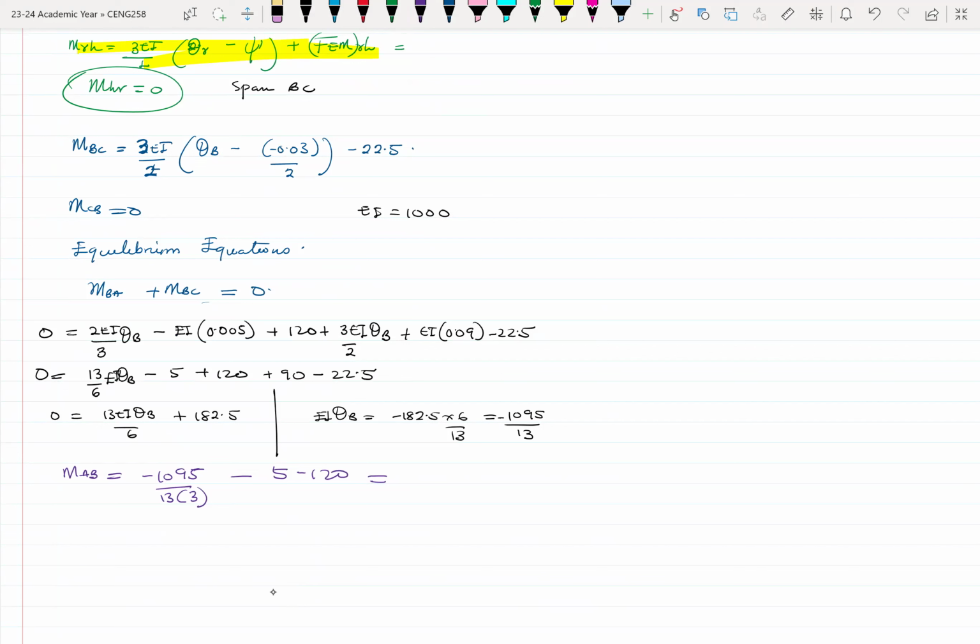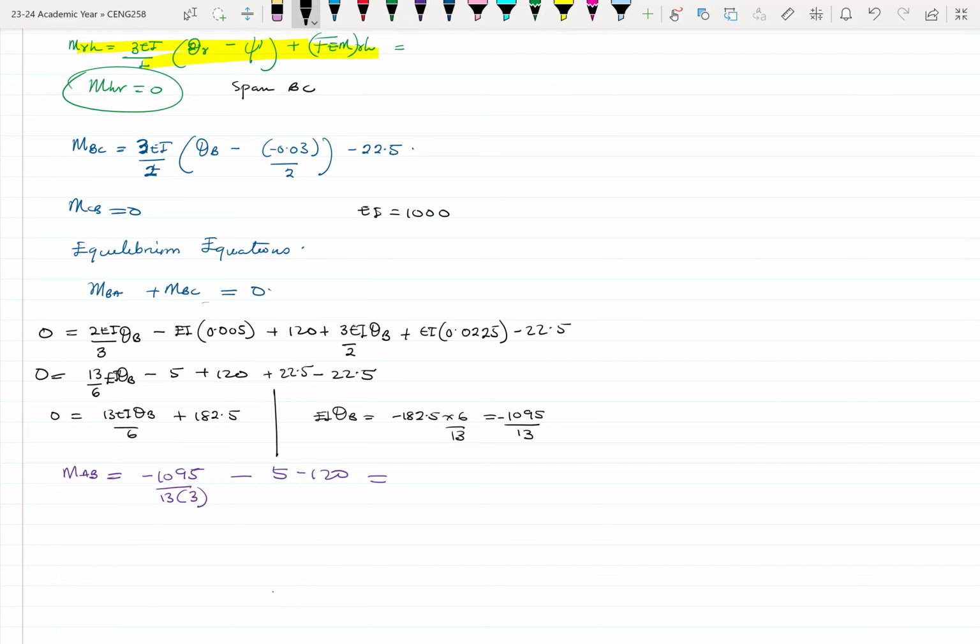So it becomes 3 times 0.03 divided by 4, and then that'll give me 0.0225 minus 22.5. All right. So let's solve that. So this will be 22.5. Okay.